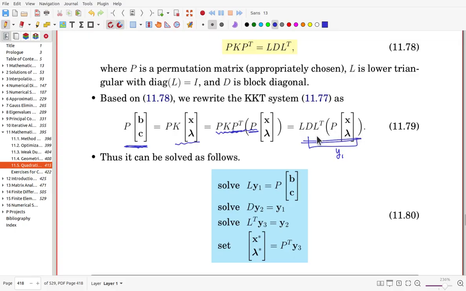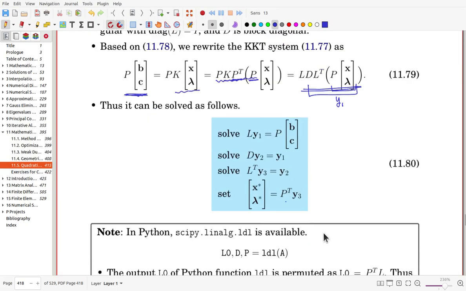And again, now L transpose can be inverted to get y3, and the y3 will be this portion. Now to get x and lambda, we multiply by P transpose, and we can get that. Right? So once we have this decomposition, then we can get x and lambda, the optimal solution. That's a way of solving the problem along with this LDL decomposition.